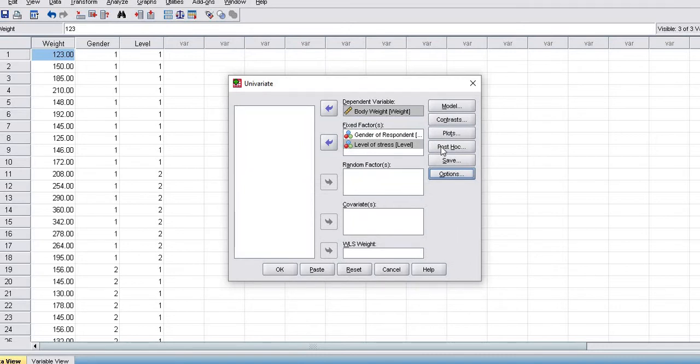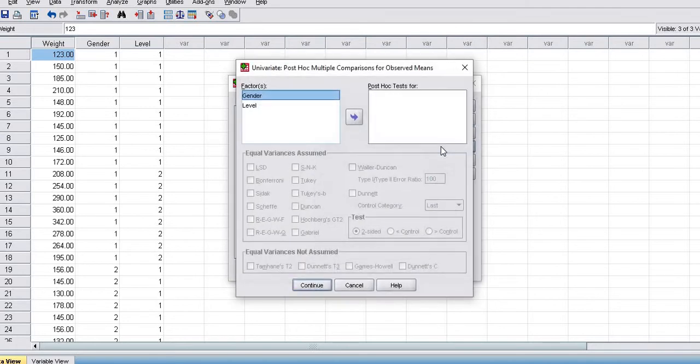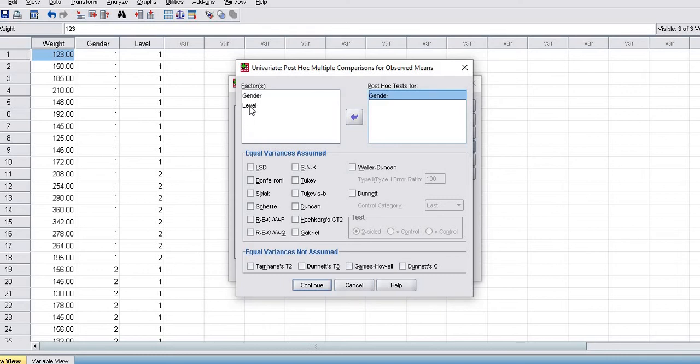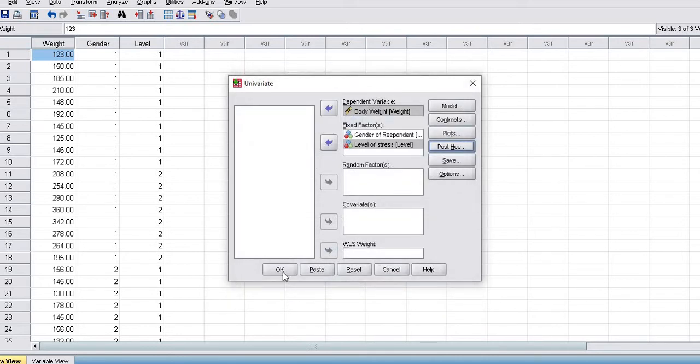Also perform a post hoc on gender and level also. Continue. Okay.